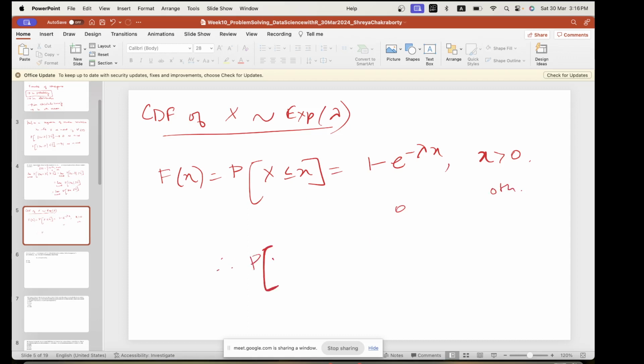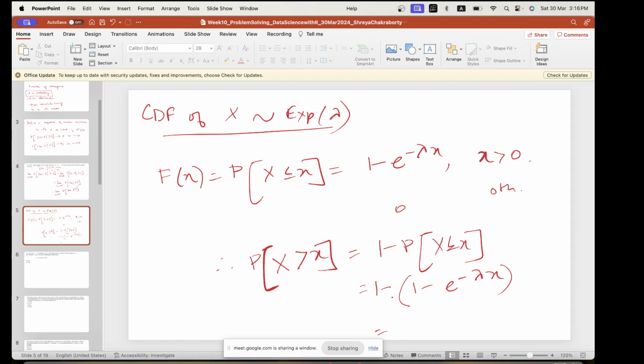Therefore probability X greater than x is 1 minus probability X less than or equal to x, which we can write as 1 minus (1 minus e to the power minus lambda x). The 1 and minus 1 cancel, leaving e to the power minus lambda x. So this is the formula.